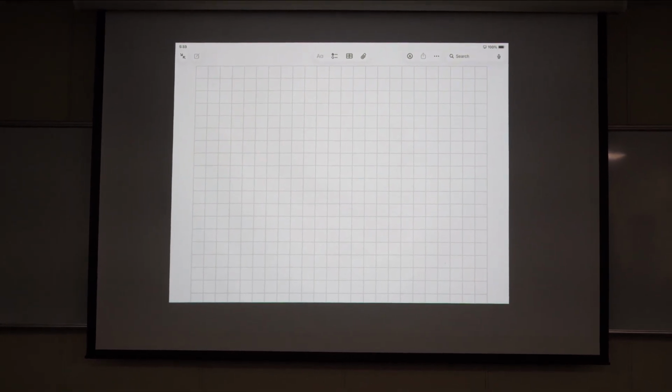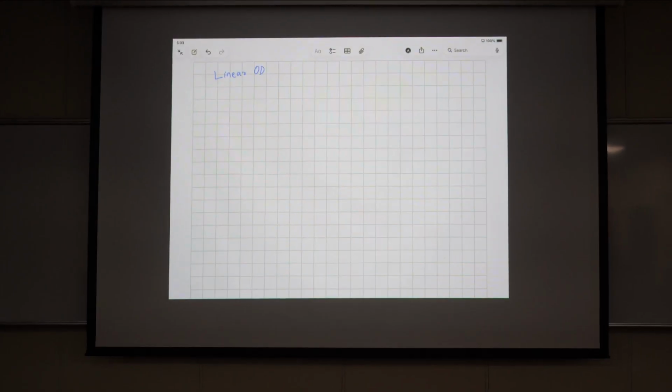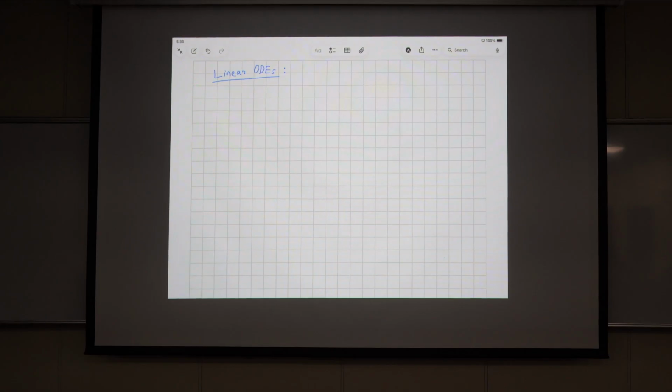Okay, so let's begin something new today. That is linear ODEs. Linear ODE.